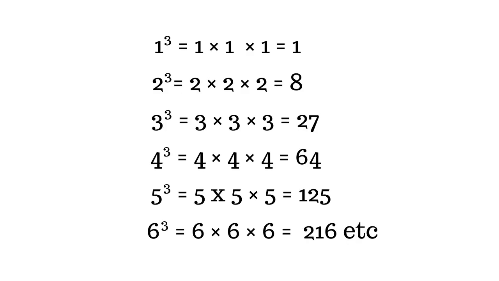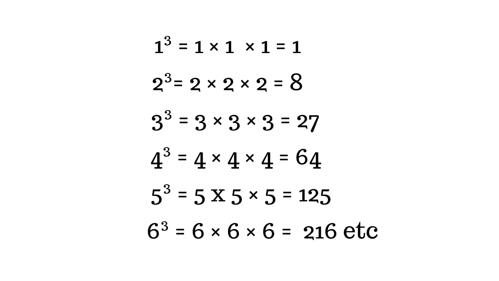1 cube equals 1 times 1 times 1, which is equal to 1. 2 cube equals 2 times 2 times 2, which is equal to 8. 3 cube equals 3 times 3 times 3, which is equal to 27. 4 cube equals 4 times 4 times 4, which is equal to 64. 5 cube equals 5 times 5 times 5, which is equal to 125. 6 cube equals 6 times 6 times 6, which is equal to 216.